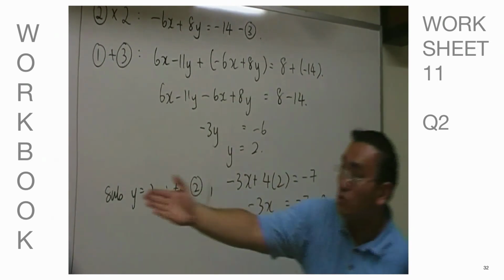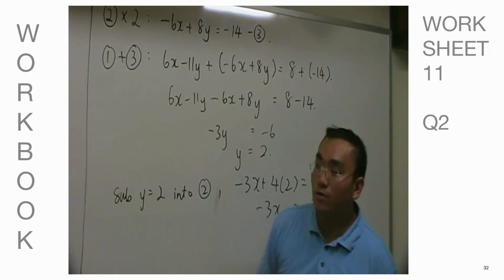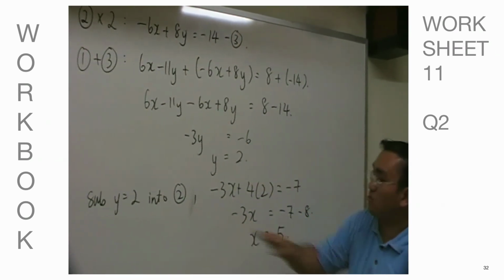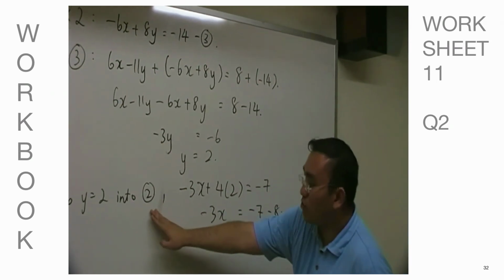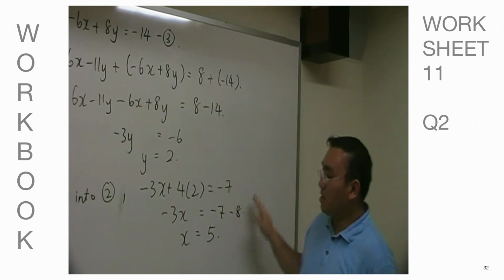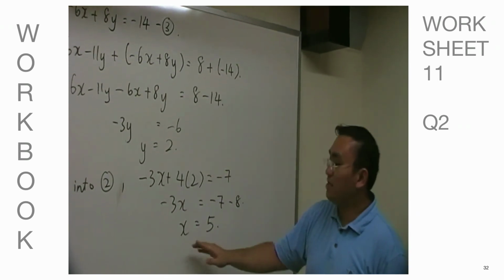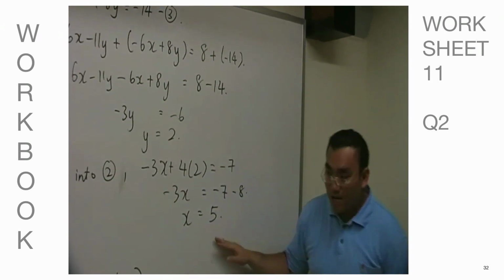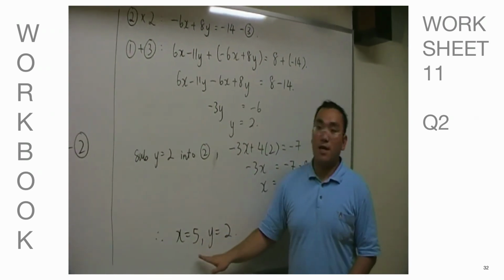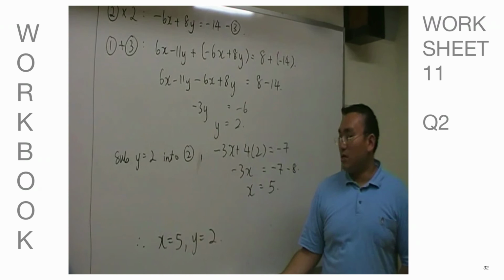If you take a look at the equations, you realize that equation 2 is the easier choice. So I just substitute y equals 2 into equation 2, do my substitution, continue to simplify, and get my solution x equals 5. So I will give my final statement: x equals 5 and y equals 2.